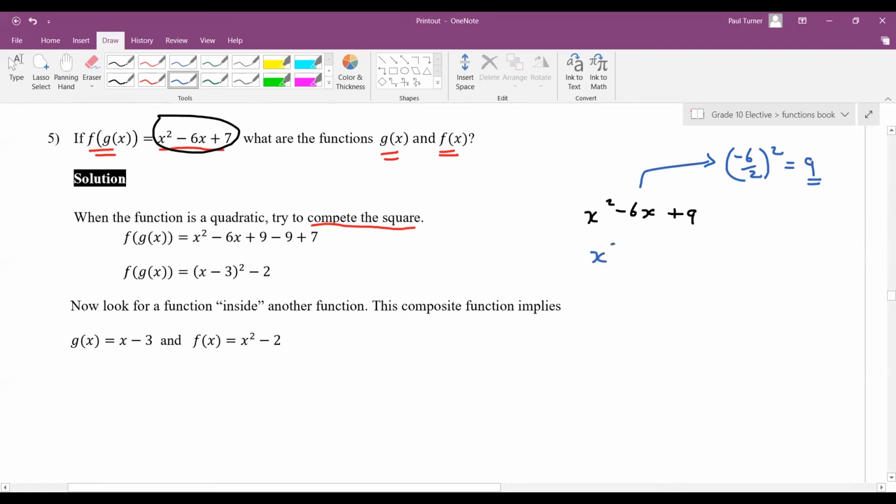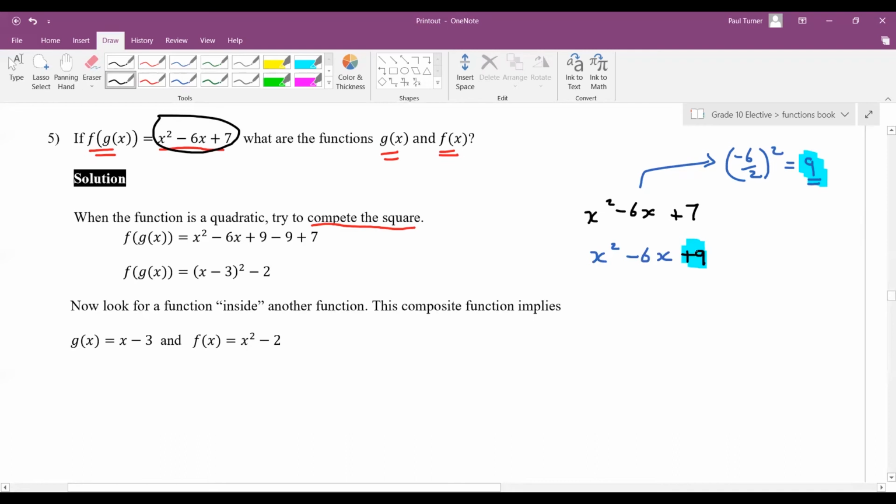So we've got x squared minus 6x. Let's just check. Oh, we've got a 7, sorry. That's 7. I was going to say something's not right, plus 7. So we add this number back in, this 9 here. Plus 9.